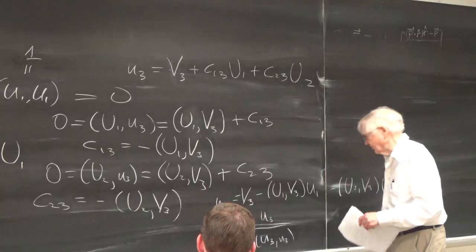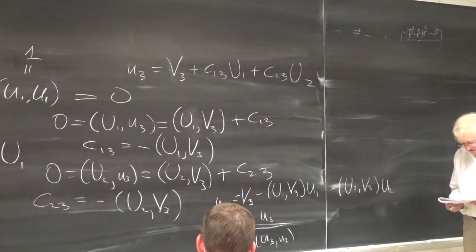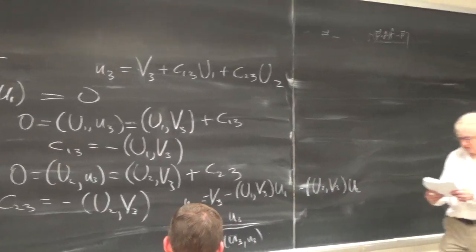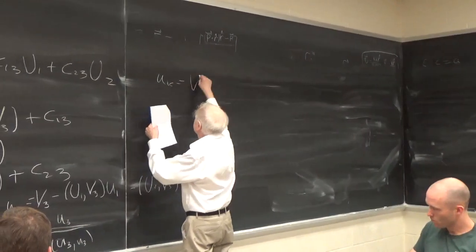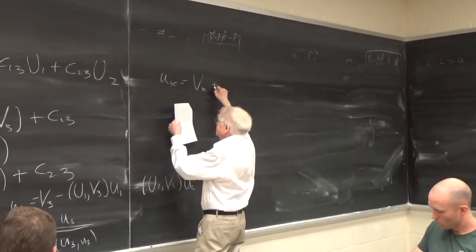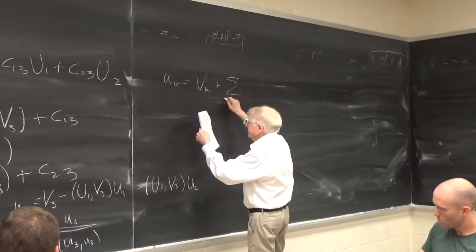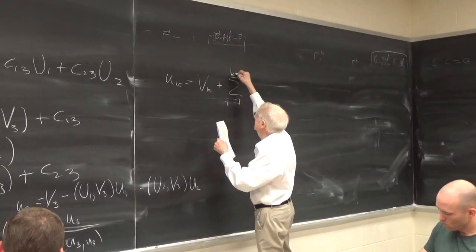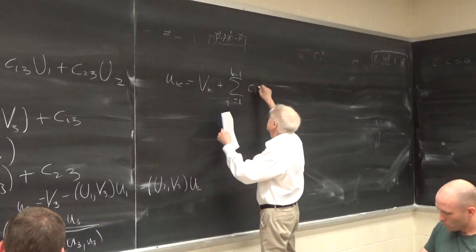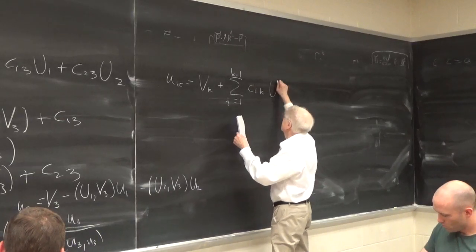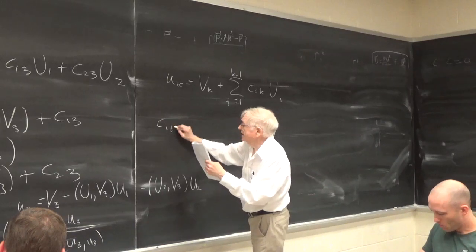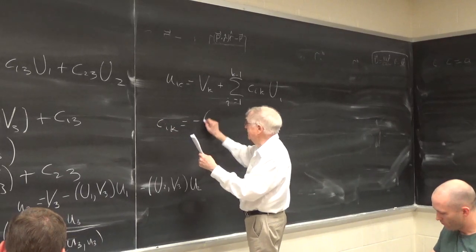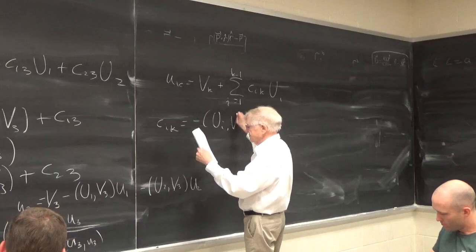That's little u3. Okay, so that's how the thing goes. In general, uk is equal to vk plus a sum, i equals 1 to k minus 1, of c_ik U_i, where c_ik is equal to minus the inner product of U_i with vk.